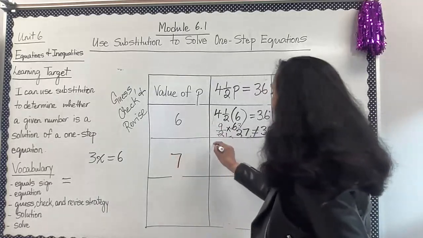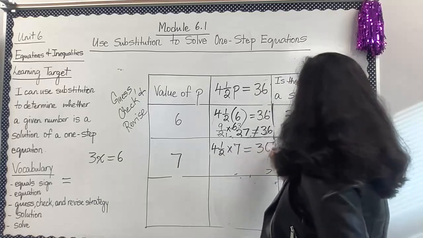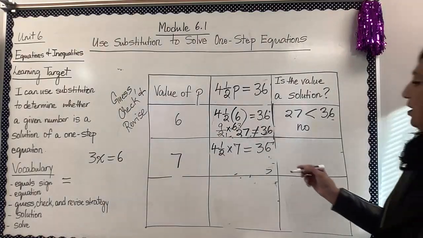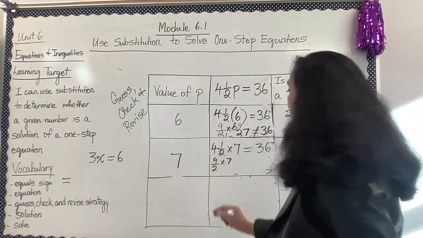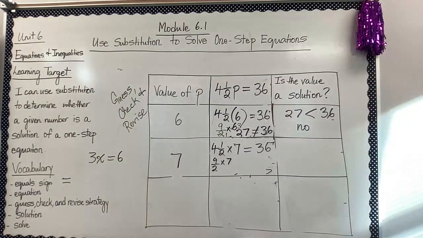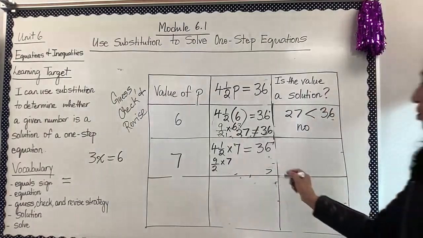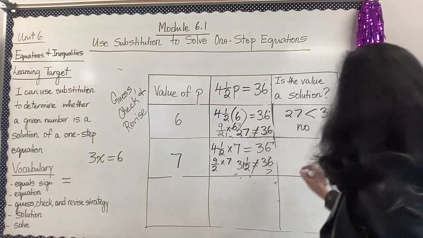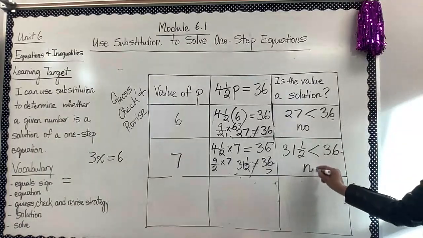Again, 4.5 times 7 should equal 36, but when I do the multiplication, 9 over 2 times 7, I'm going to get 31.5. 31.5 is not equal to 36. Again, this number is less than 36, and so this is not a solution again.